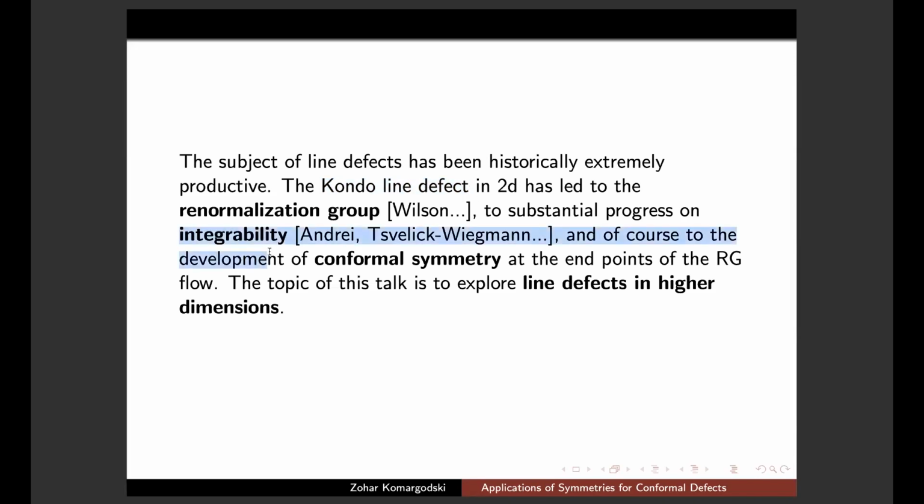Integrability in quantum mechanics is known since Bethe probably, but the fact that it carries over to continuum quantum field theory was demonstrated perhaps, one of the first examples was in the context of defects. The ideas of the conformal symmetry historically came from the Kondo problem. But all of this was more or less in 1+1. And very little is known about even line defects in higher dimensions. And that's the subject of this talk.